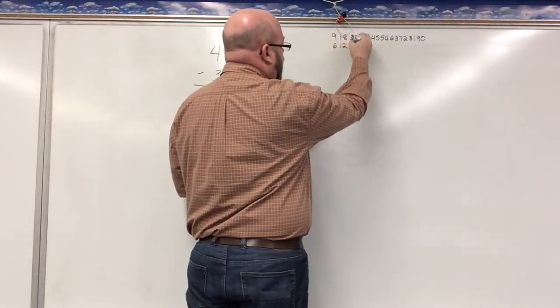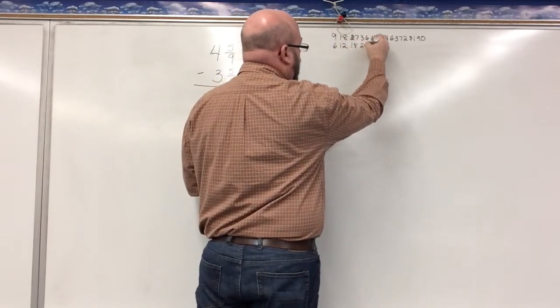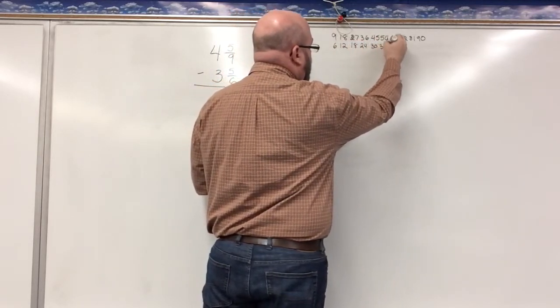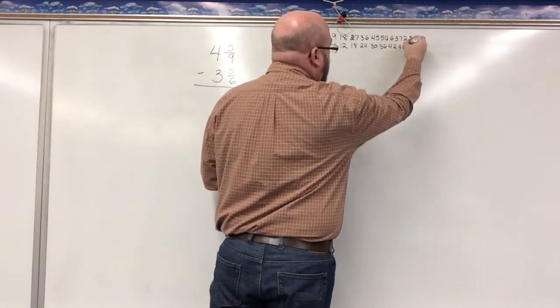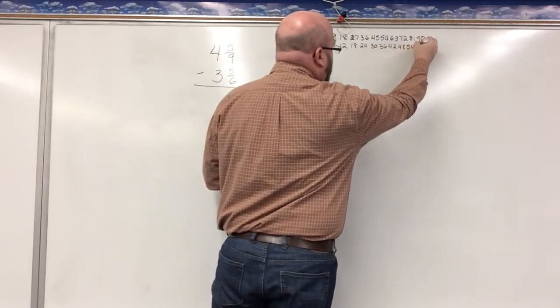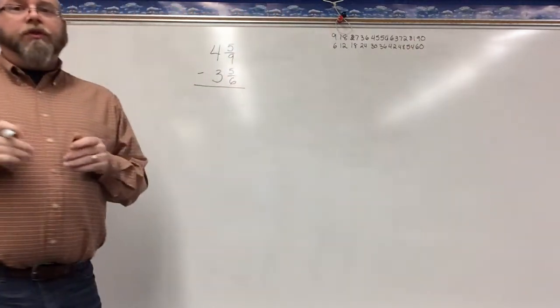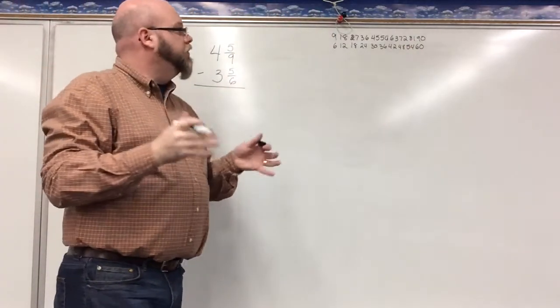6, 12, 18, 24, 30, 36, 42, 48, 54, and 60. Those are the first 10 multiples of 6.